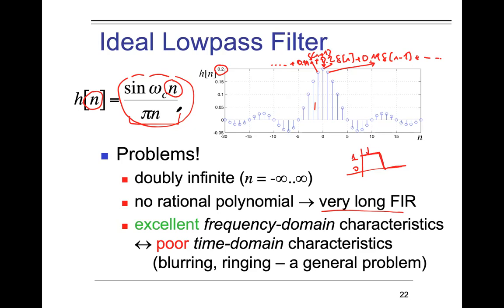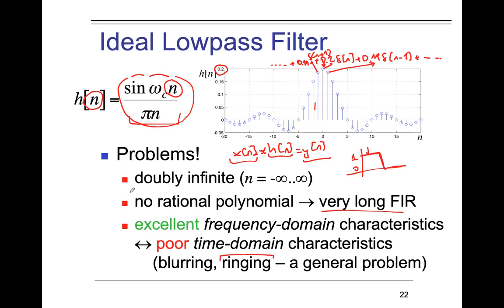Because you know x of n convolved with h of n is my filter output, right? I have to multiply all x of n's and h of n's with some convolution properties and will obtain my y of n. There is also a problem called the ringing effect.